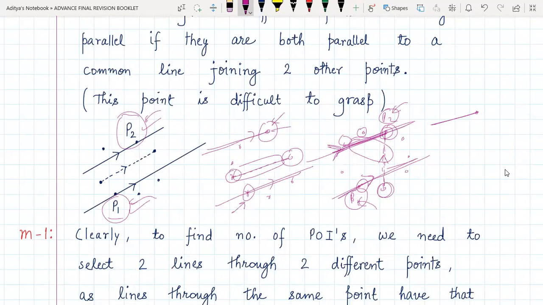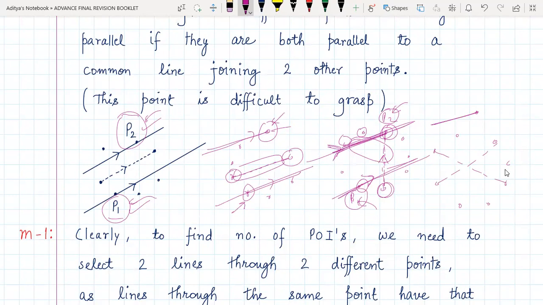So by this contradiction we can see that two lines through two different points can only be parallel if they have a common generator line, right? And of course, they can't have two generator lines also. Why? And why will it be unique? Let me tell you that also. So let us say this is also a generator line, this is also a generator line.